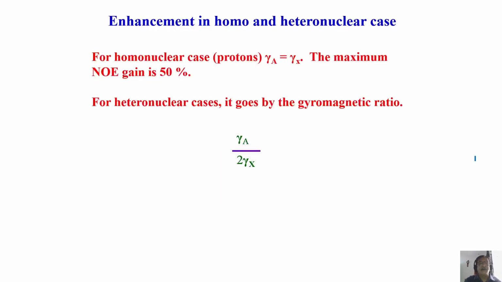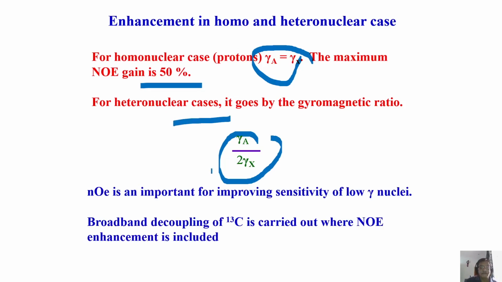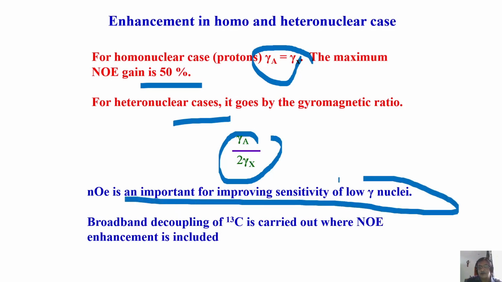In the heteronuclear case, we can see what happens. In the homonuclear case, gamma A is equal to gamma X, so the maximum NOE is 50%. But in the heteronuclear case, gamma A is different from gamma X. Take for example proton and carbon. Then you can see the intensity is different. NOE is important especially for low gamma nuclei, where gamma matters a lot.